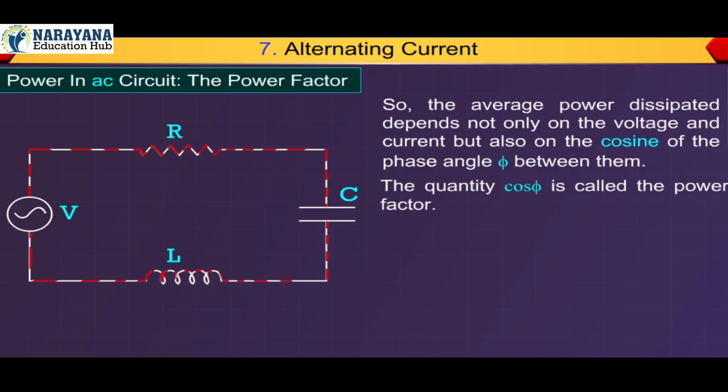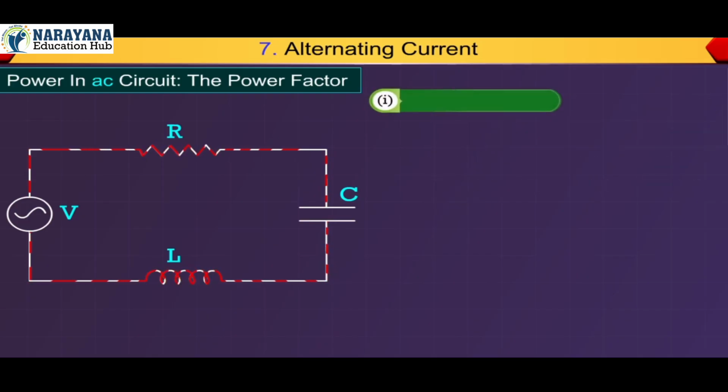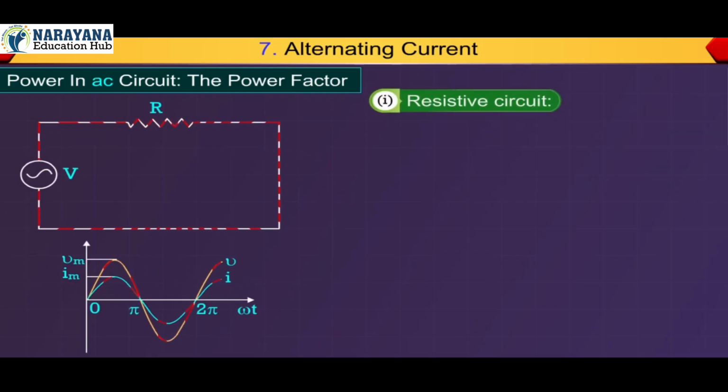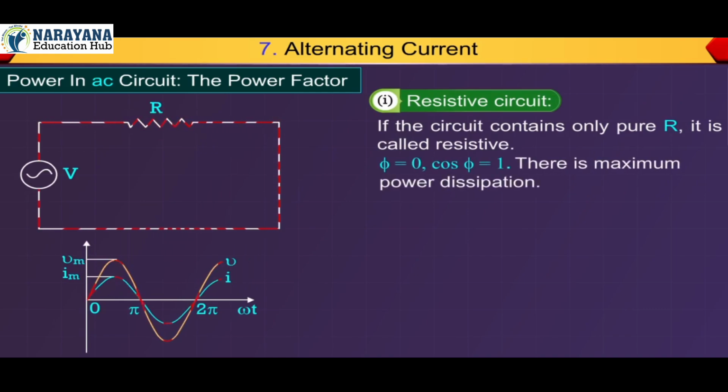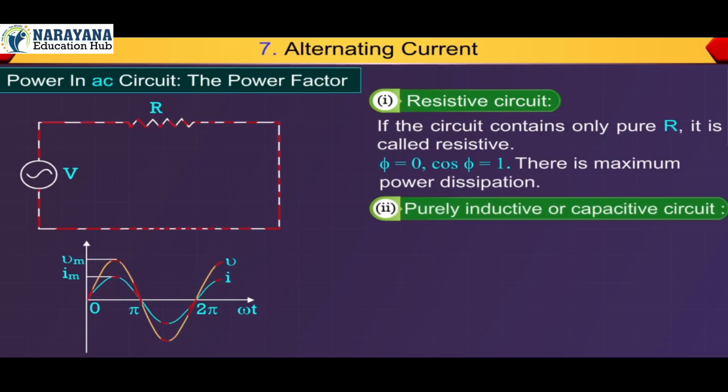Let us discuss the following cases. Case 1. Resistive circuit. If the circuit contains only pure R, it is called resistive. In that case, phi is equal to 0, cos phi is equal to 1. There is maximum power dissipation. Case 2. Purely inductive or capacitive circuit.